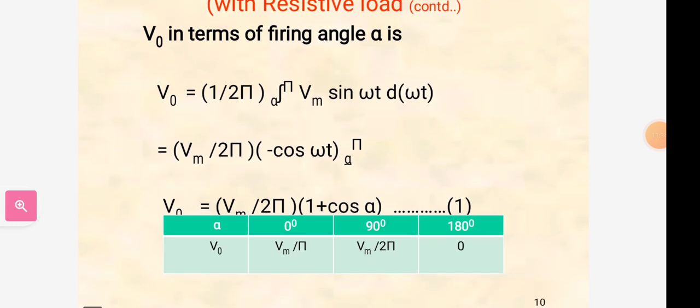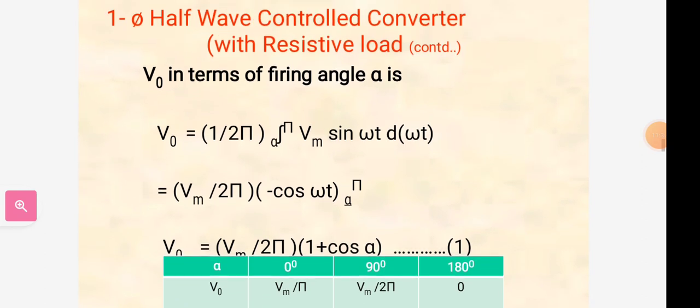So now we have the equations of the single phase half wave controlled converter with R load. V naught in terms of firing angle alpha: the output voltage is equal to 1 by 2 pi integral from alpha to pi of Vm sin omega t d omega t. This is the already derived equation. It equals Vm by 2 pi of minus cos omega t from alpha to pi.